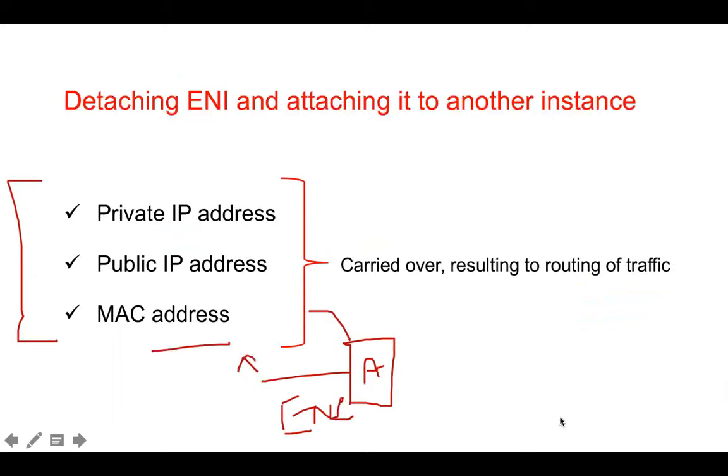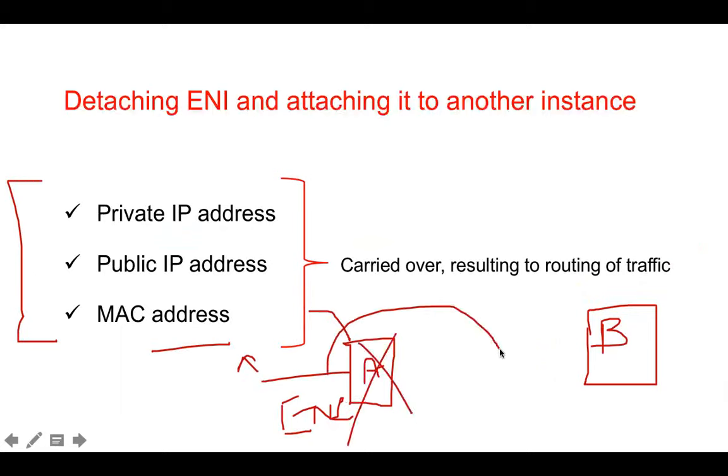In the same availability zone, let's suppose my instance B is a standby server. Now, for some reason, this instance A goes down. You can take this ENI and attach it to instance B. What will happen? The private IP, public IP, and the MAC address would now be associated with instance B, which will help to reroute your traffic.